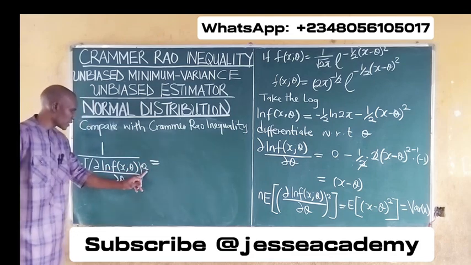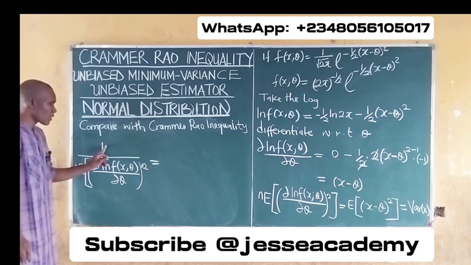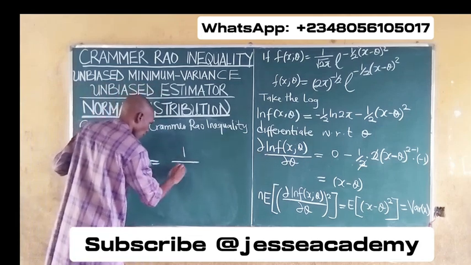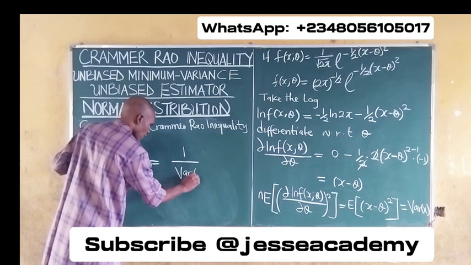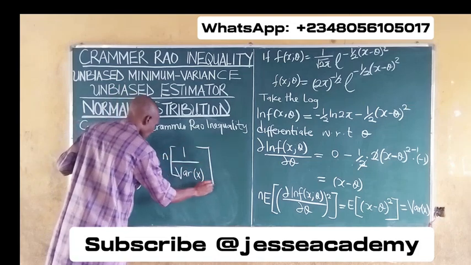Of course, we've done the whole of this. Now, we take the inverse of that function, which is 1 all over the variance of x multiplied by n.